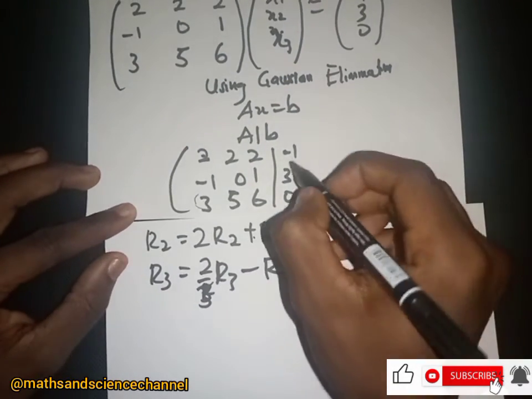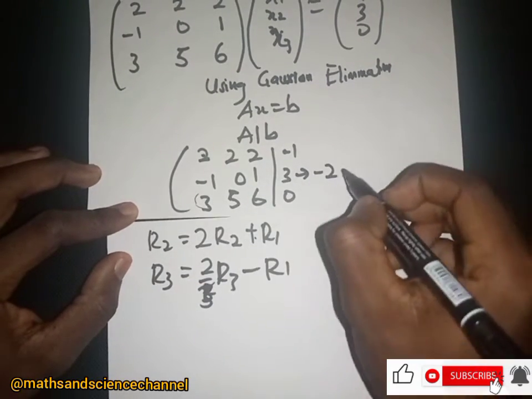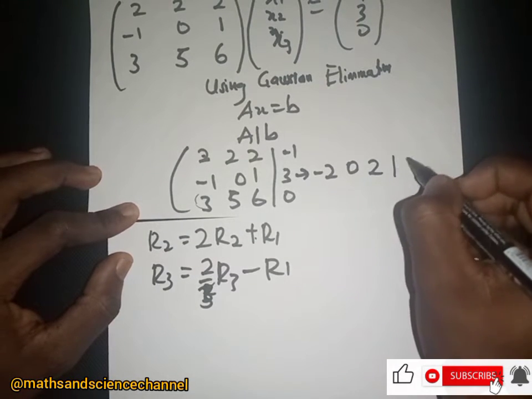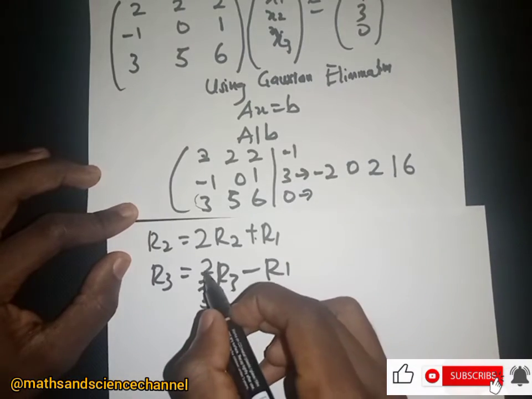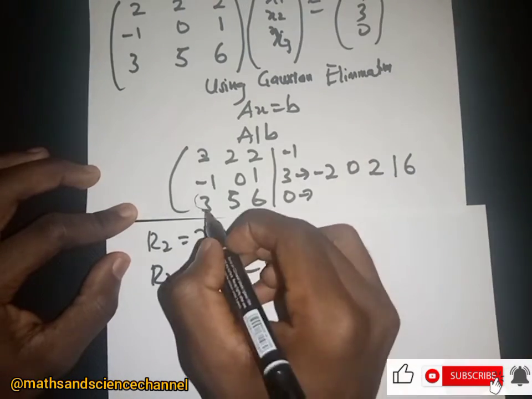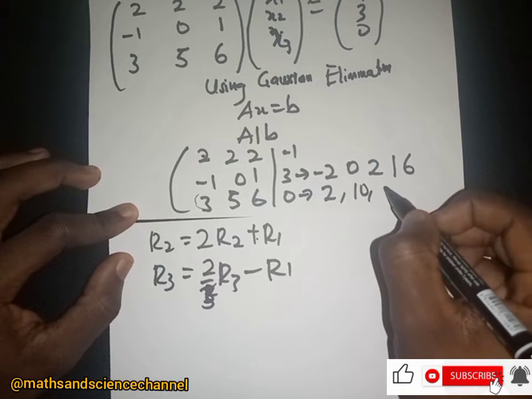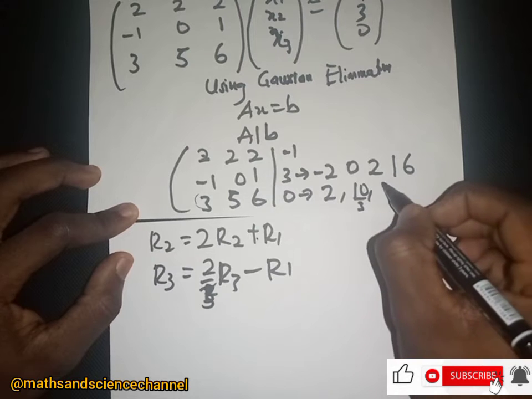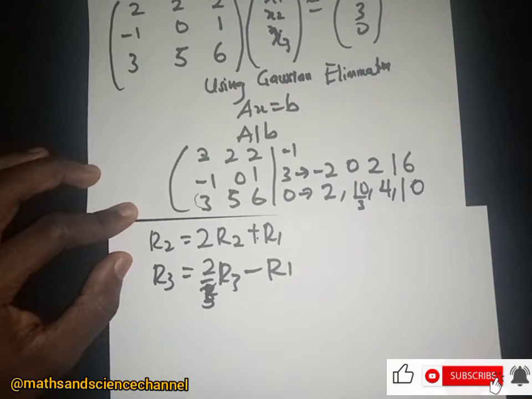So let's multiply through here. We have R2 here, we can have negative 2, we have 0, then we have 2, then we can have 6, right? Then from here we multiply through by 2 over 3. The first part we just have 2, the second part we have 10, then we have 4, 10 over 3, then we can have 4, then the last part we have 0, right?